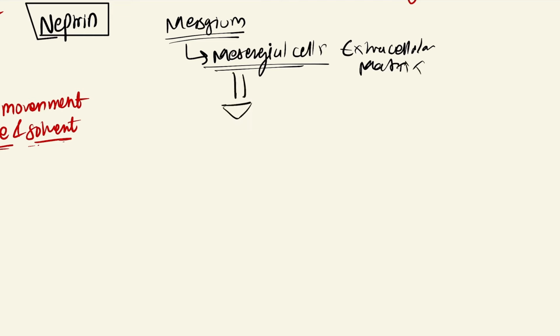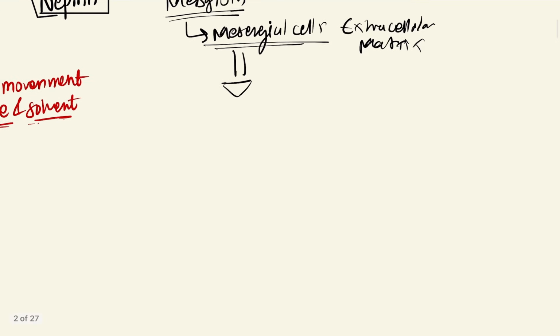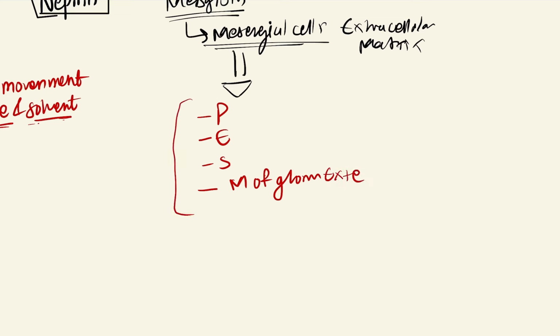These mesangial cells do certain things: phagocytosis, endocytosis, secretion, and modulation of glomerular extension. And all these things are enclosed by the GBM. What is GBM again? Glomerular basement membrane.